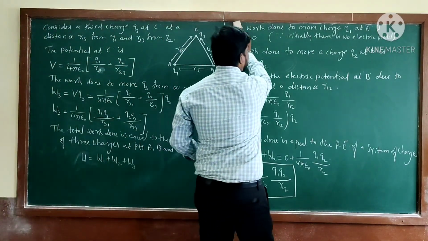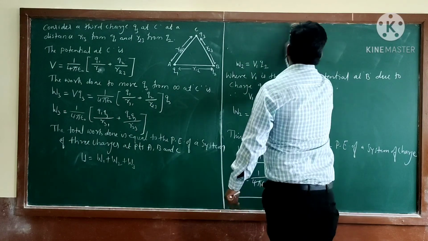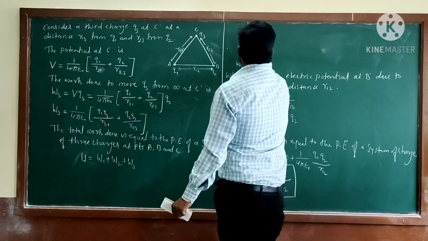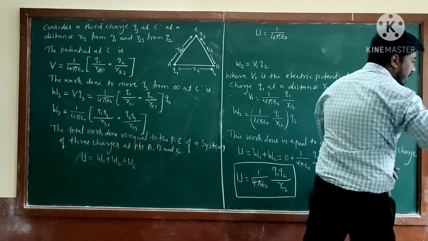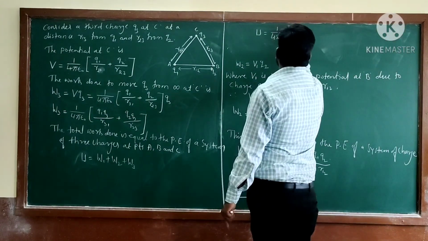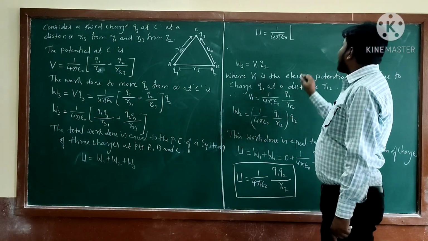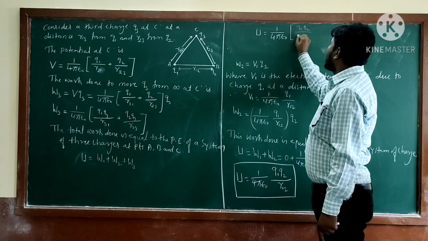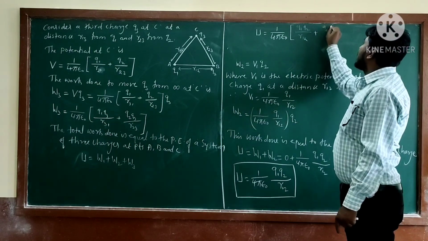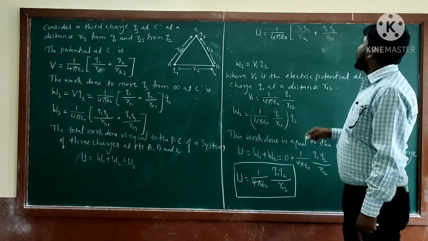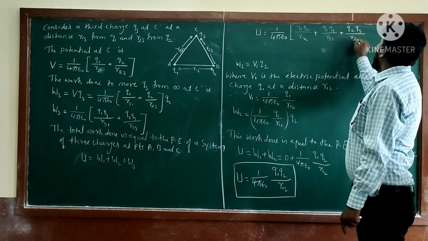I will write the final expression here: total energy U is equal to 1 by 4 pi epsilon naught into the bracket, Q1 Q2 divided by R12 plus Q1 Q3 divided by R31 plus Q2 Q3 divided by R23.